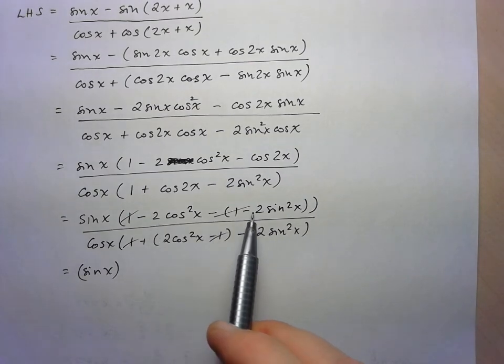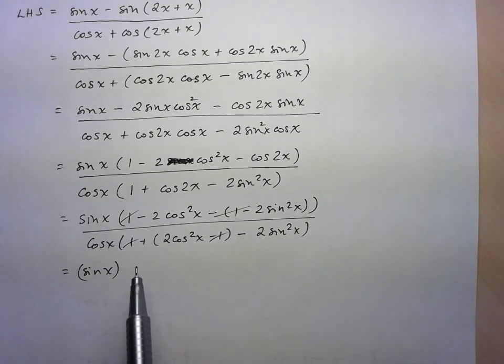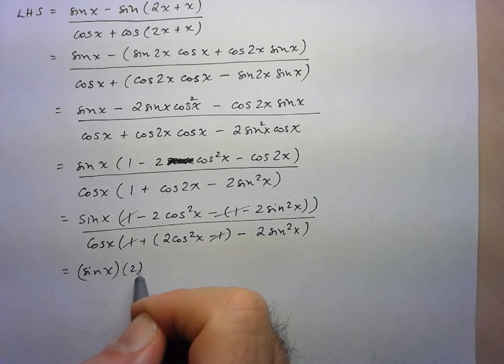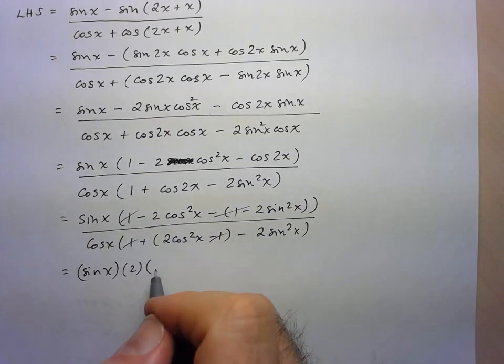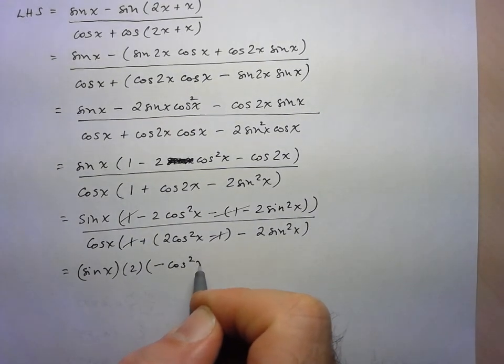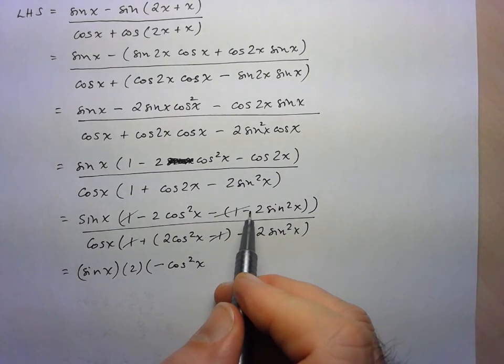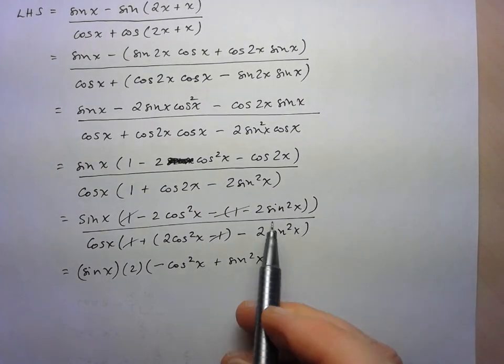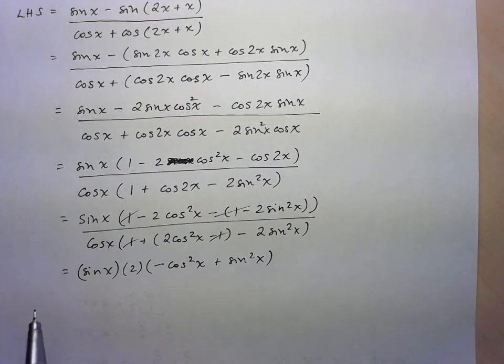Here this becomes a positive 2. So let's see what happens when I factor out, either a 2 or negative 2. So let's factor out a 2 here. I'm going to factor out a 2, and what are we left with? Well, we're left with negative cos squared x, and this is going to be plus sine squared x. Okay, remember we factored out the 2 there.